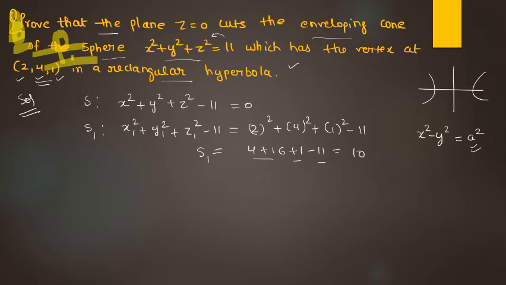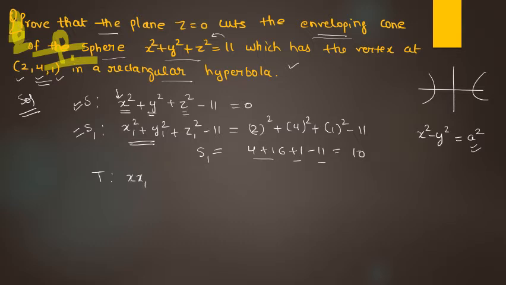Now, because it is an enveloping cone of the sphere, there should be a factor T also, which can be derived from this general form and the particular x1, y1, z1. That means what I'm trying to say is, if you modify this equation, there are 2x, 2y, 2z in multiplication.